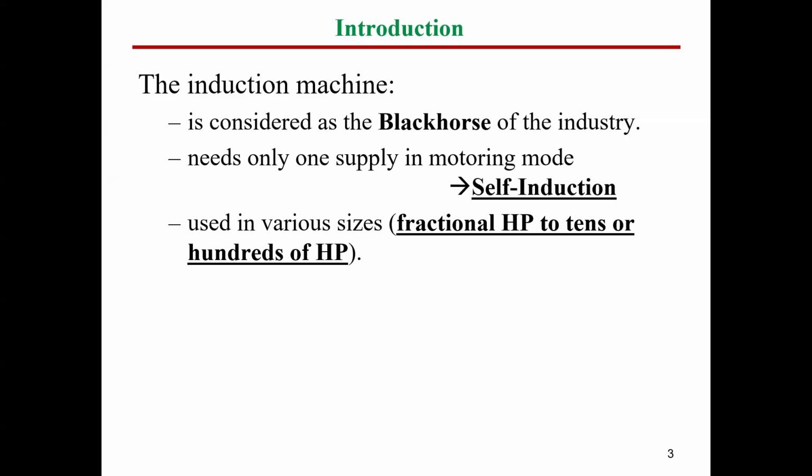On another hand, guys, this type of machine is used from very low power to very high power. You can use fractional horsepower, like for instance 1/10 horsepower or 1/10 kilowatt, or even less than 1/10 kilowatt.